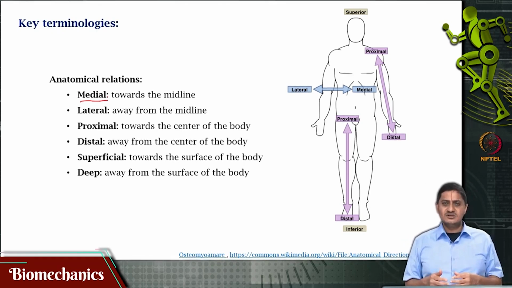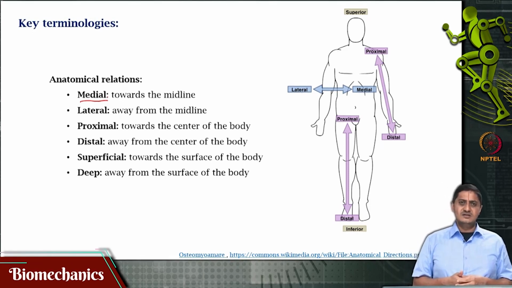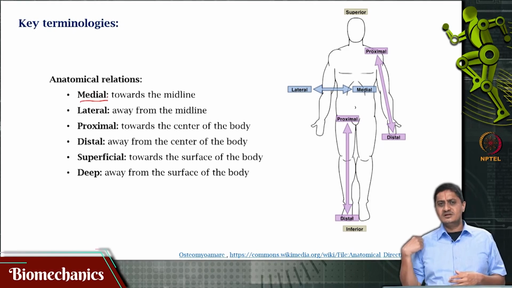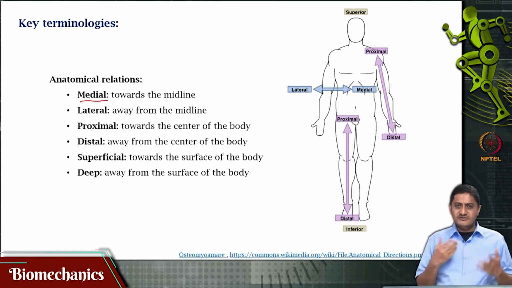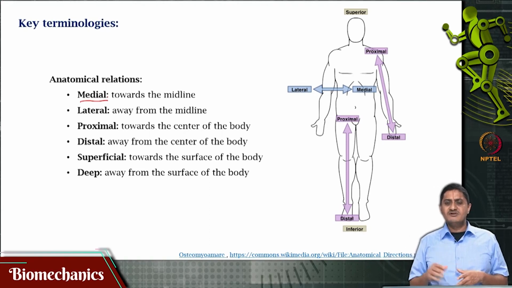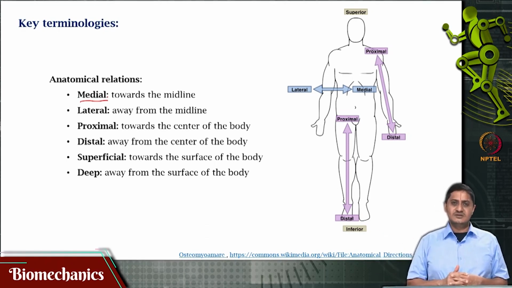Proximity means in the neighborhood, nearer. So, the shoulder is considered a proximal joint when compared with the elbow. The other way of saying this is, when compared with the shoulder, the elbow is further away from the center of the body. That is, it is distal to the shoulder.